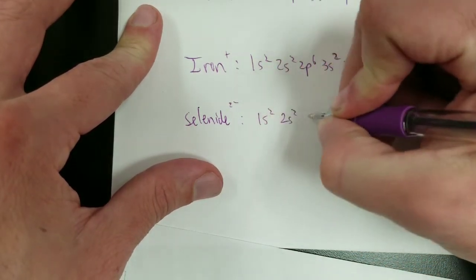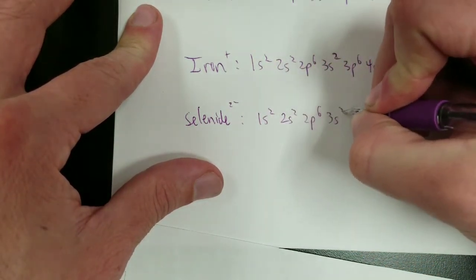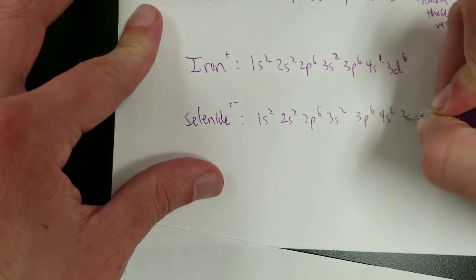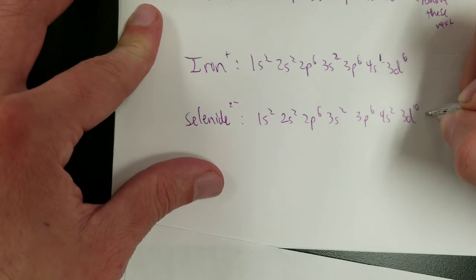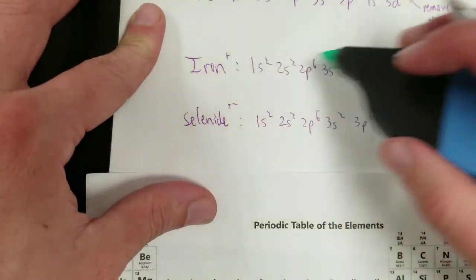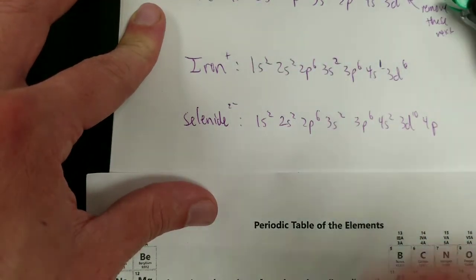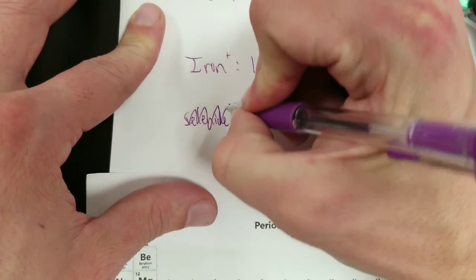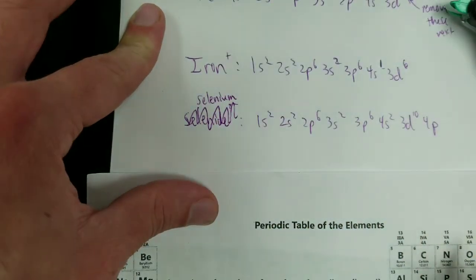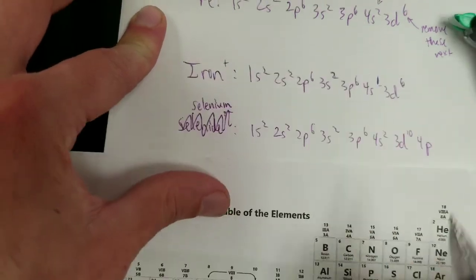Let's do neutral selenium first: 1s2, 2s2, 2p6, 3s2, 3p6, 4s2, 3d10, 4p4.